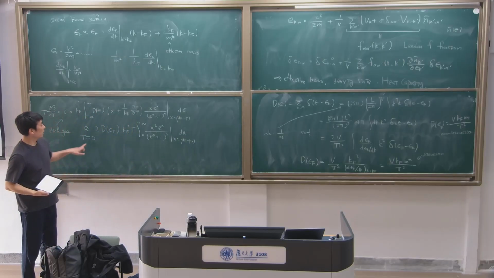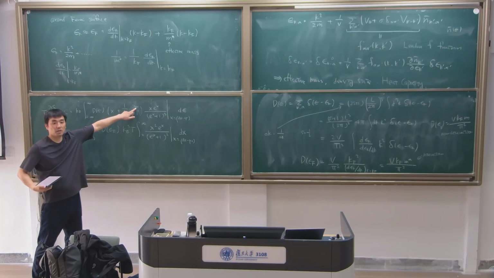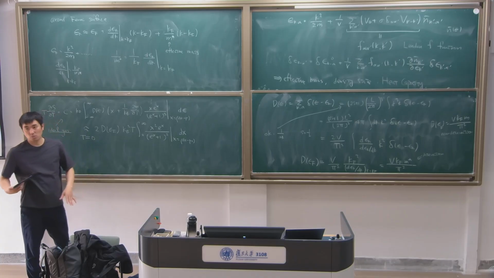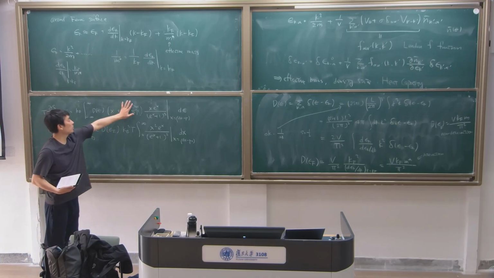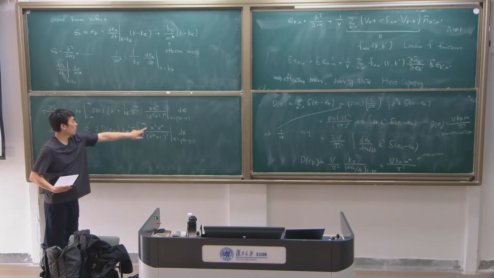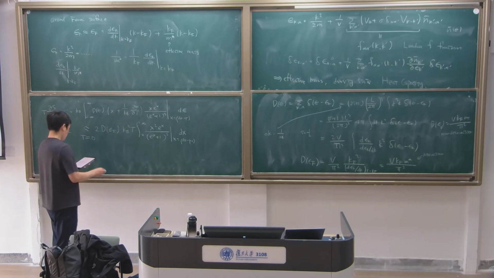So when T equals 0, mu does not vary. Mu is said to be the Fermi energy. So therefore you can ignore this one, and you only need to consider this one.